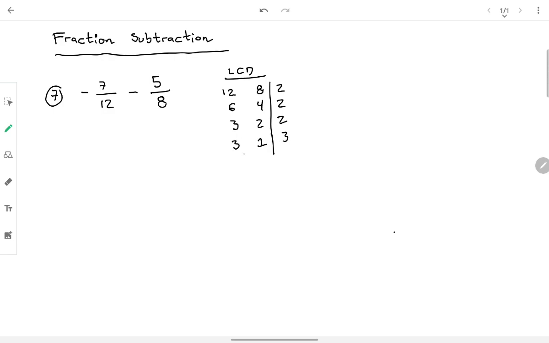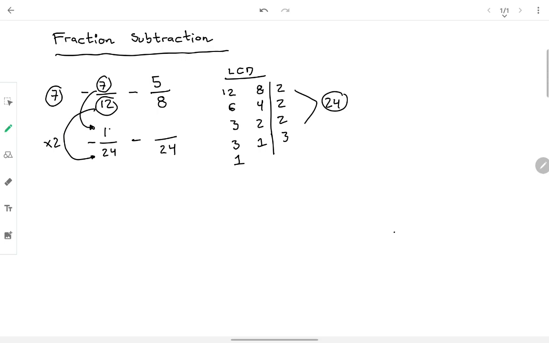Then we will use 3. So our least common denominator will be 8 times 3, that's 24. So we need to change the fractions to 24. Both of them will be negative. In this case, 12 is multiplied by 2 to get 24, so 7 is also multiplied by 2.